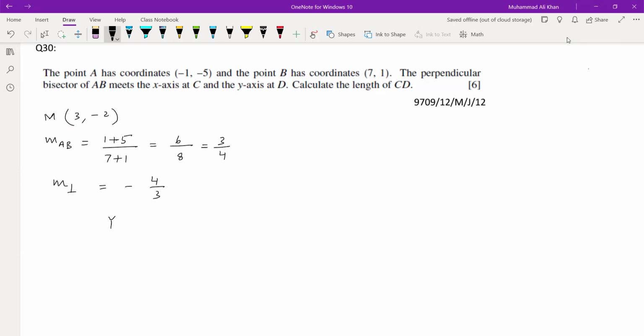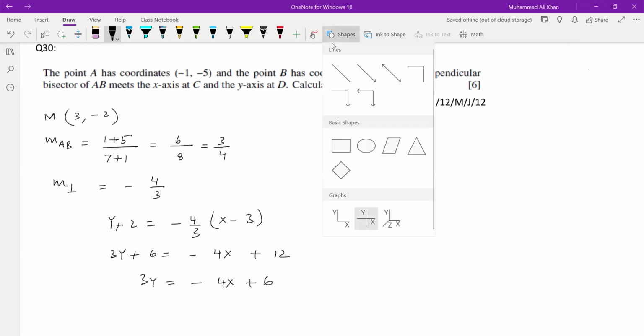Now by using the equation formula y minus y1 equals m times x minus x1, cross multiply: 3y plus 6 equals minus 4x plus 12, and 3y equals minus 4x plus 6 is the equation of the perpendicular bisector.